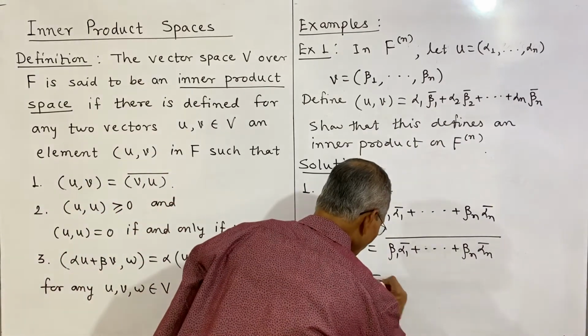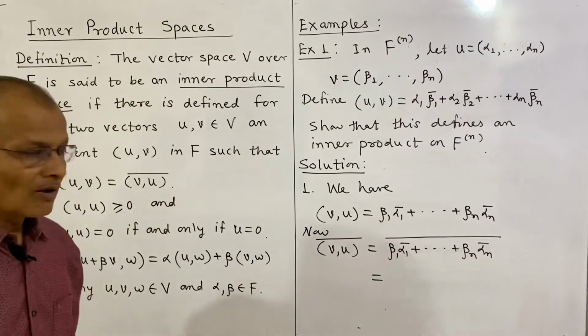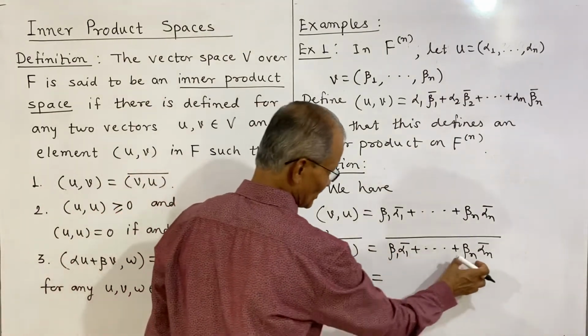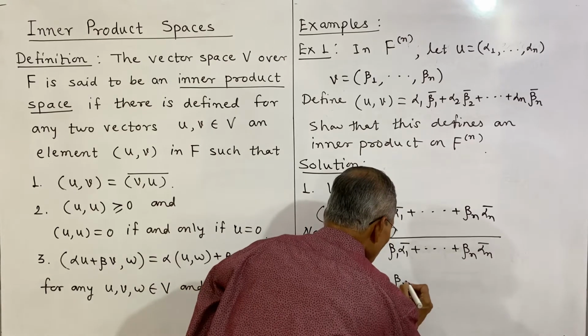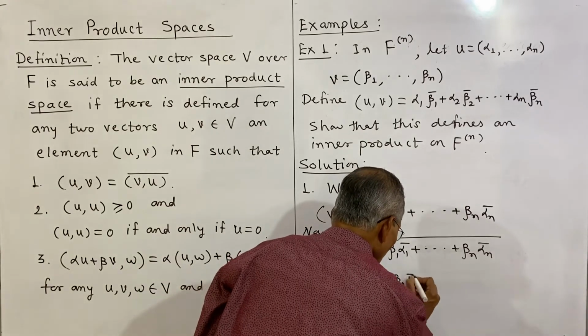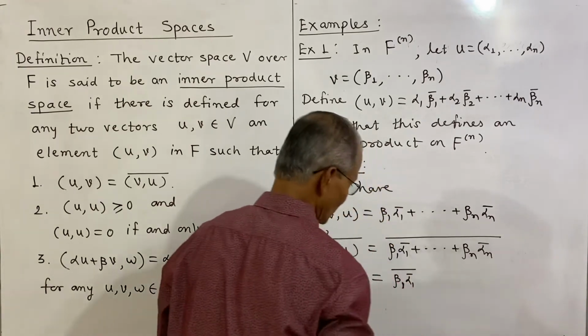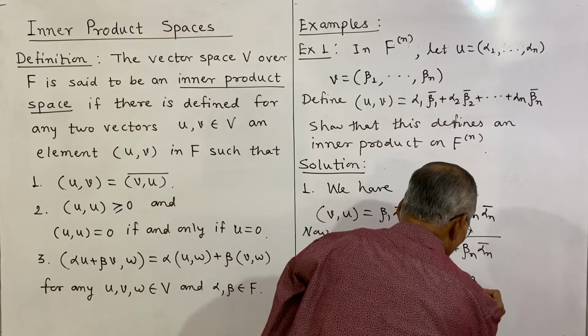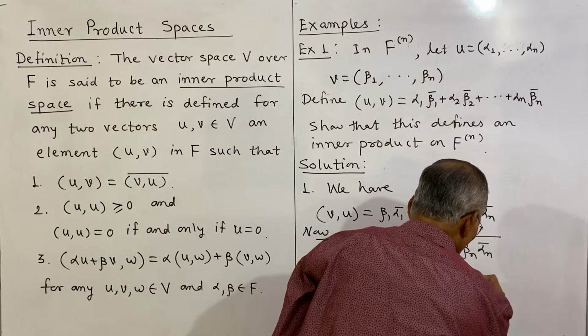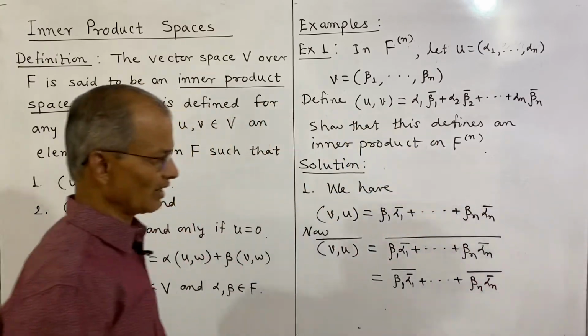By the property of conjugate of complex numbers, we can take the conjugate of each term separately, and this will be conjugate of beta 1 alpha 1 bar plus so on, conjugate of beta n alpha n bar.